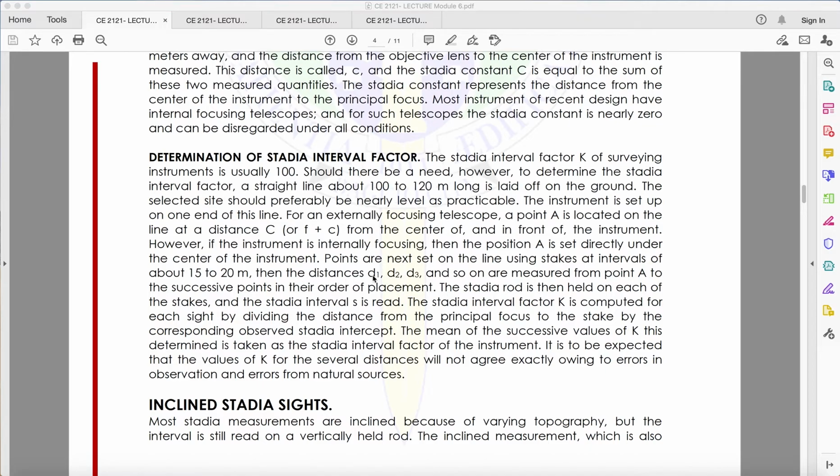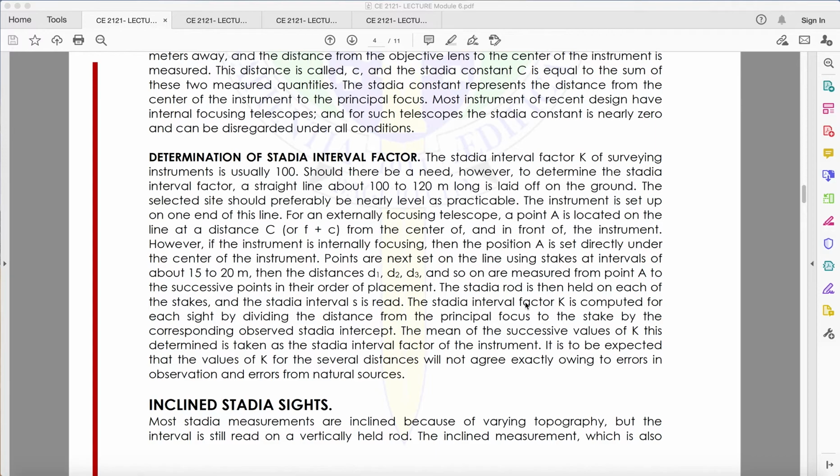Then the distances D1, D2, D3, and so on are measured from point A to the successive points in their order of placement. The stadia rod is then held on each of the stakes and the stadia interval is read.